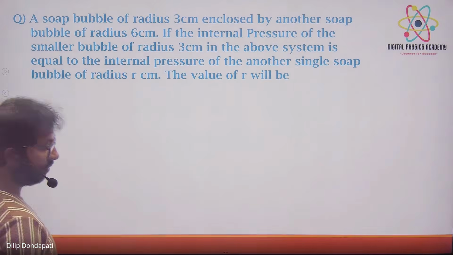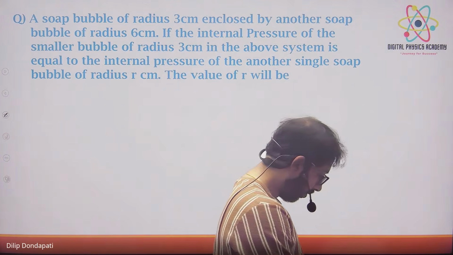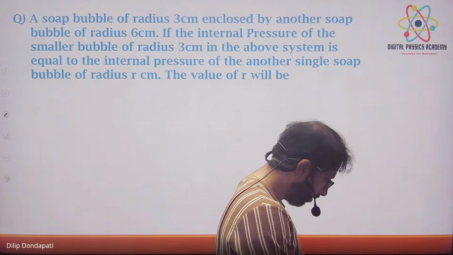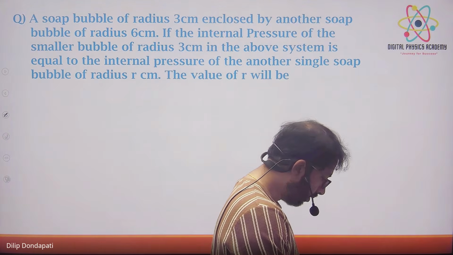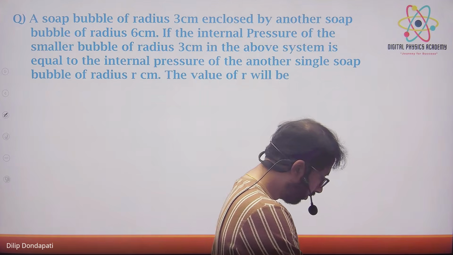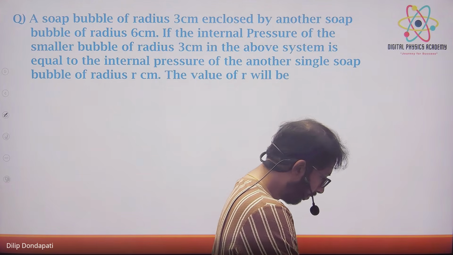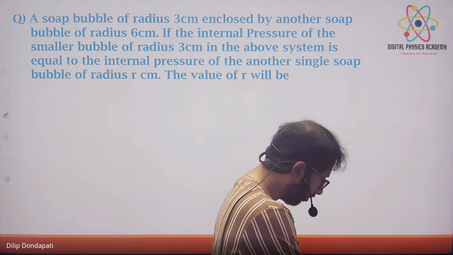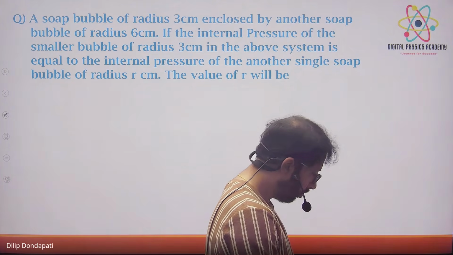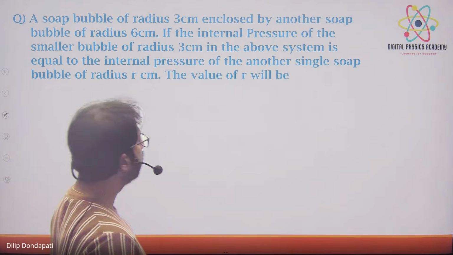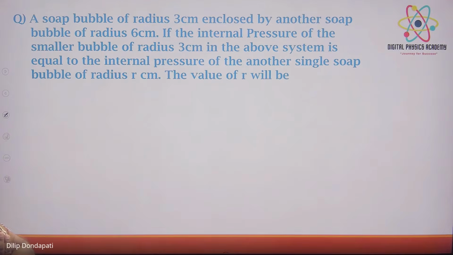Next. Do it without help. It's numerical based. No options. Same, and questions like this are coming in JEE Mains. The concept is the same but they are combining two bubbles. A soap bubble of radius 3 centimeters is enclosed in another soap bubble of 6 centimeters.